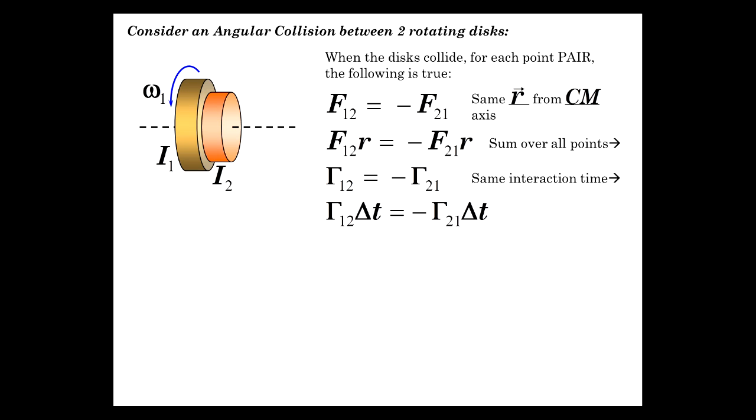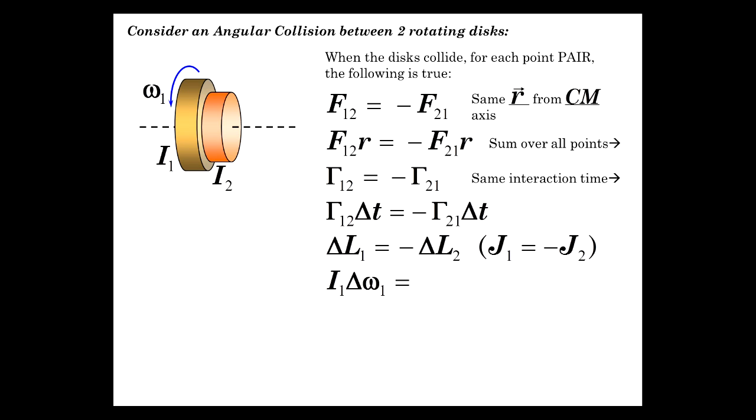But torque times delta t has got a special name, and it's called angular momentum, or change in angular momentum particularly. So specifically, delta L1 equals minus delta L2, which is also a definition of the angular impulse of one being the negative of the angular impulse on the other.